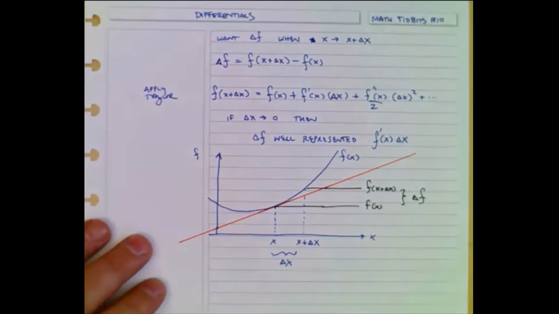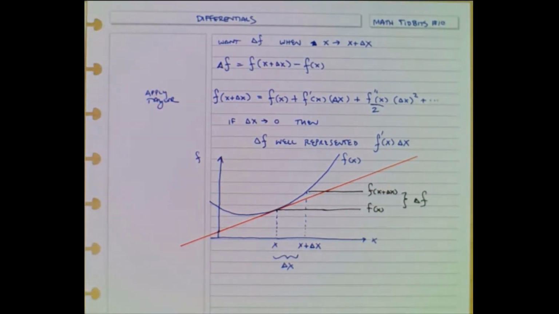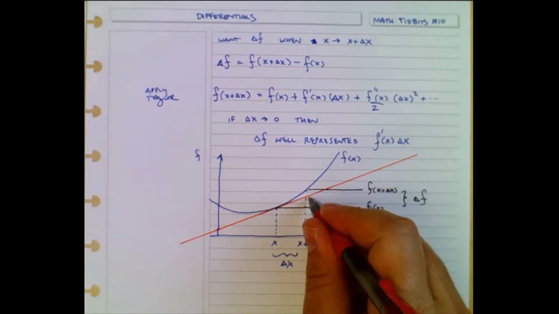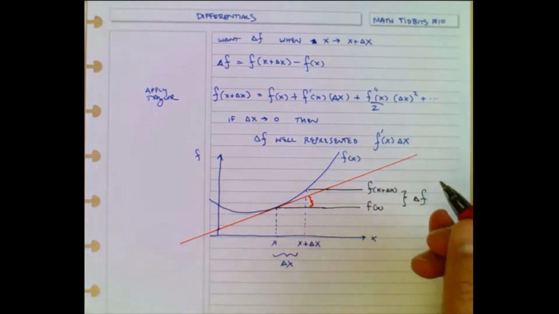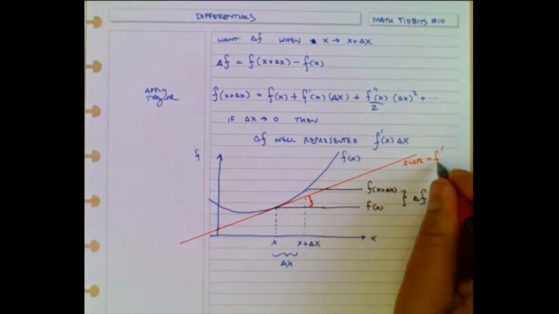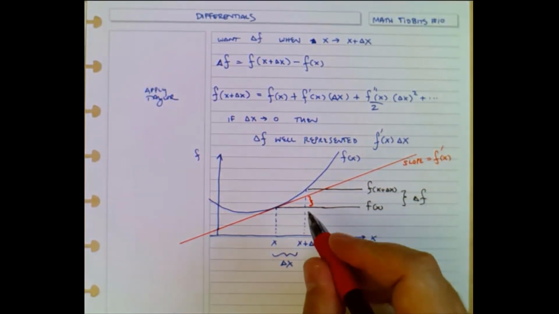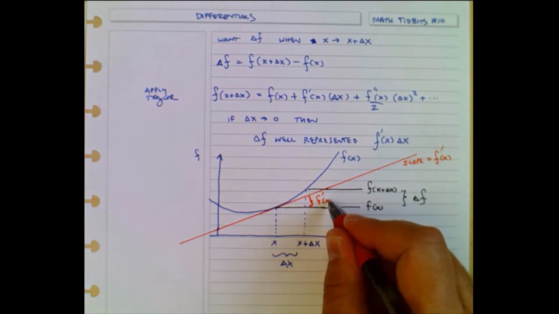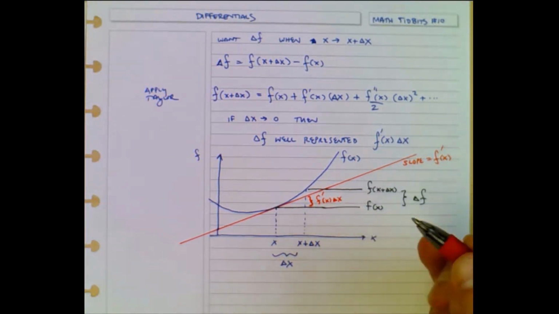And when I take that tangent line, remember this slope is equal to f prime at x. So this little guy is f prime at x times delta x.